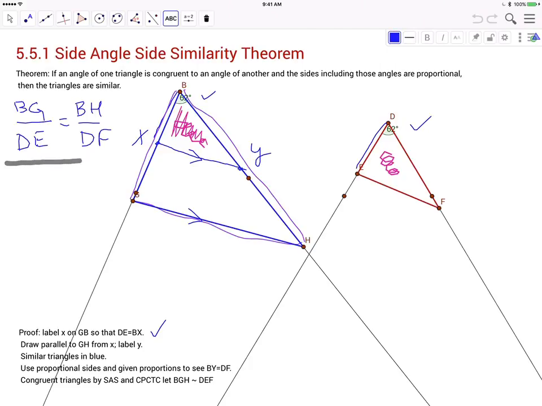So we already have, sorry, the given is right there. From the fact that these two triangles on the left are similar, we also know that BX relates to BG the same way that BY relates to BH.